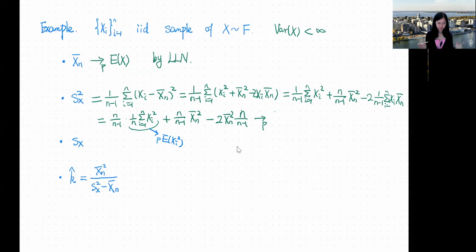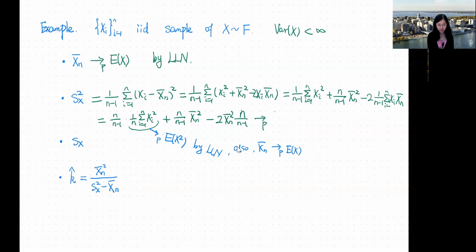So that converges in probability to the expected value of x squared. You can also write it with xi because xi follows a distribution F as well. Just for simplicity, I'll just write E of x squared. So by the law of large numbers, that happens. And also by the law of large numbers, xn bar also converges in probability to E of x.